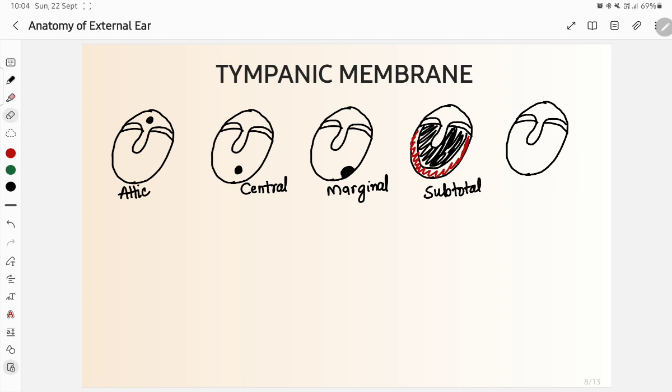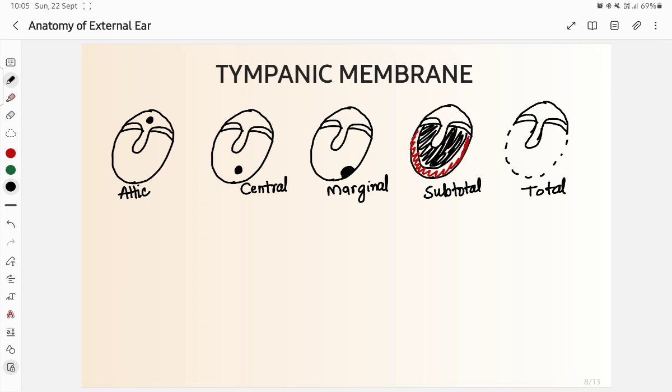And if the annulus is absent and destroyed all around, then this is known as total perforation.